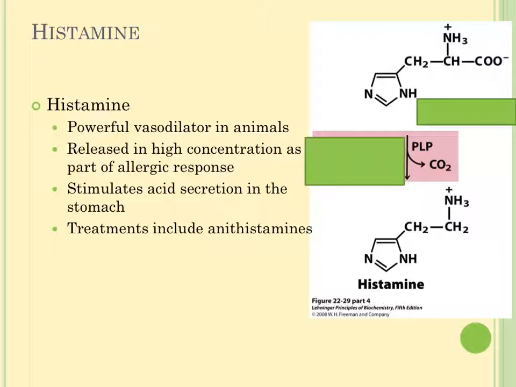All right, so what amino acid makes histamine? It's histidine. I've actually seen people accidentally get confused and call it the wrong thing. But it's histidine. And so what specific enzyme is going to be making this one?